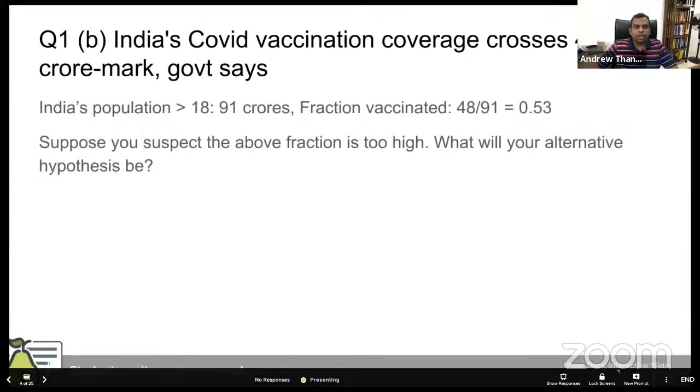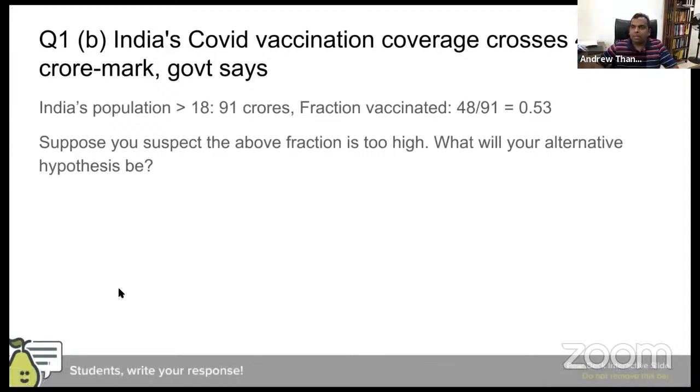Now comes the next question. The same setting, same situation. As usual, a skeptic from, say, the opposition parties is going to suspect that the above fraction is too high, isn't it? So what will your alternative hypothesis be? If you belong to this camp, which suspects that the above fraction is too high, your alternative hypothesis will be what?